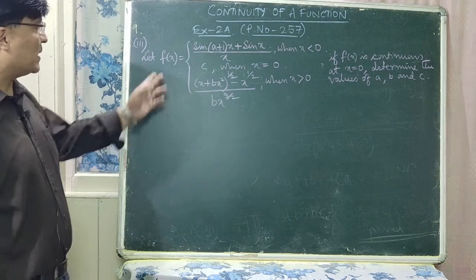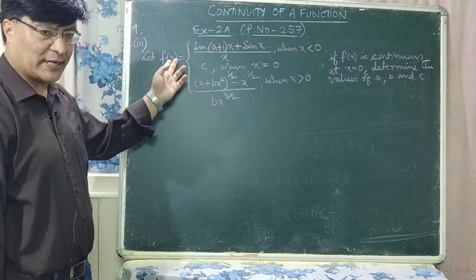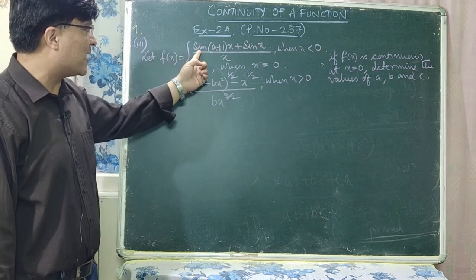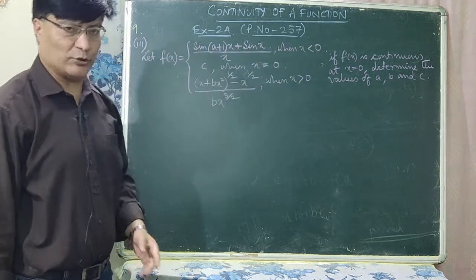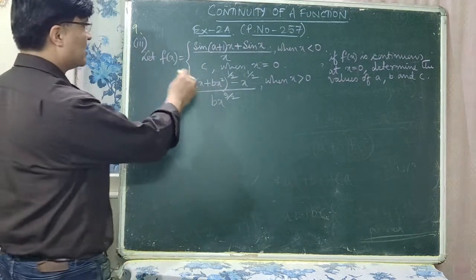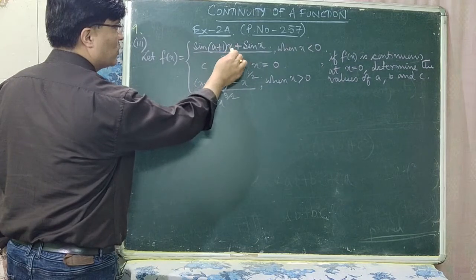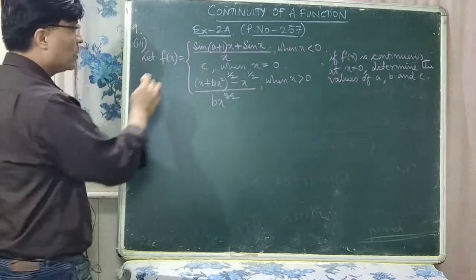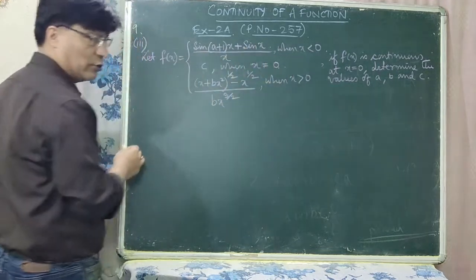The question is, let f of x be the function given as sine of (a plus 1) into x plus sine x, divided by x, when x is less than 0. And the value of f of x is equal to c when x is exactly equal to 0.